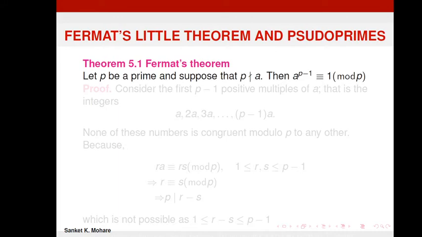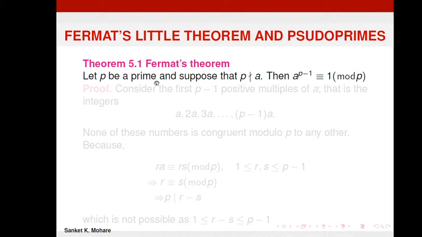Statement. Let p be a prime number and suppose that p doesn't divide a, then a to the power p minus 1 is congruent to 1 modulo p. This is the statement proved by Fermat.